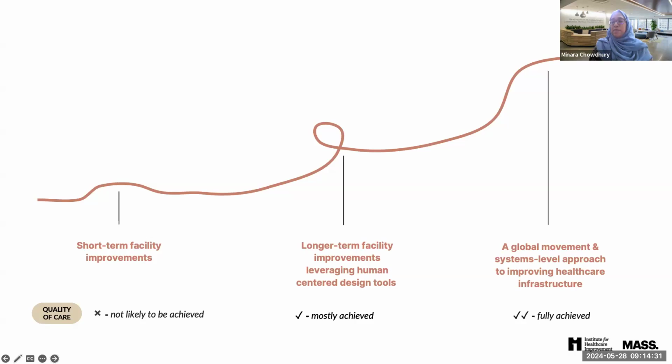We need to do systems level thinking, and we need to think about improving infrastructure. What that looks like could be standards, could be guidelines, but could be more of a very purposeful, thoughtful exercise about thinking for maternal newborn spaces. So this is our theory, this is our provocation, this is what we're thinking in terms of the work that we've been doing. Next slide, please.